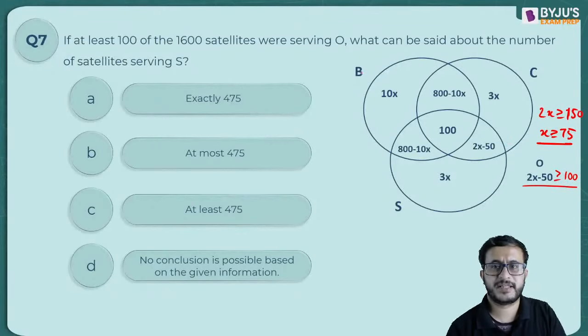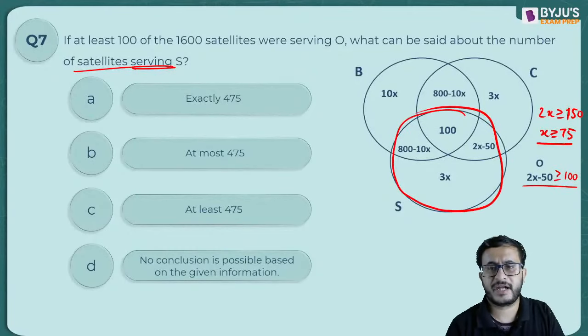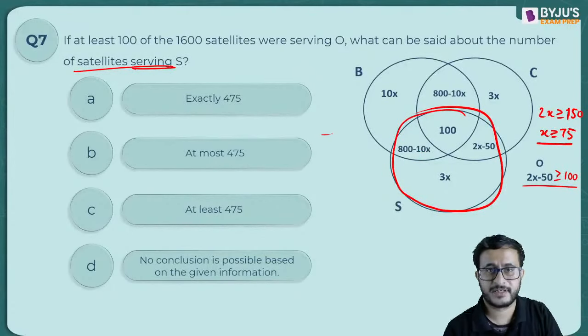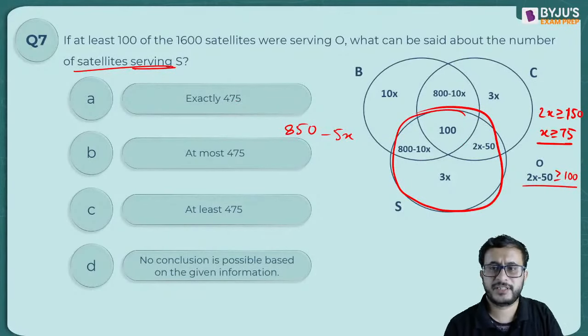Now it is asking what can be said about the number of satellites serving S. So how many satellites are serving S? Add this, we get minus 5x. Okay? It is the same value that came earlier, 850 minus 5x. So in this case the value of x is at least 75. So if x is large, this will be the minimum, right?